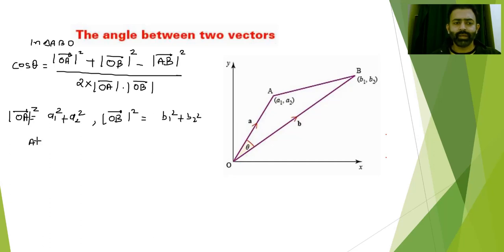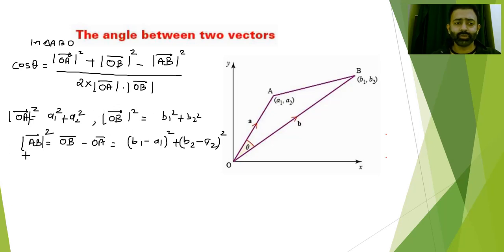Lastly, vector AB I can write as OB minus OA, that means b1 minus a1 whole square plus b2 minus a2 whole square. Remember the distance formula: if you know the two coordinates, you find the distance by subtracting the corresponding x and y coordinates, x2 minus x1 and y2 minus y1 whole square. Since this is squared, I can remove the under root sign in all these three magnitudes.